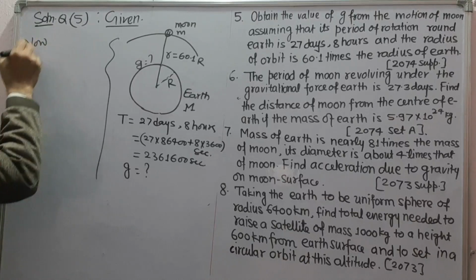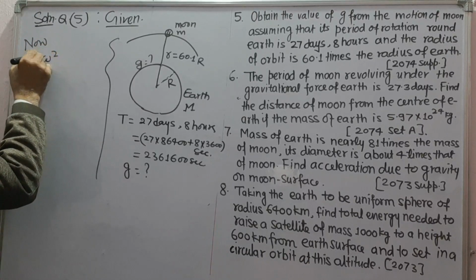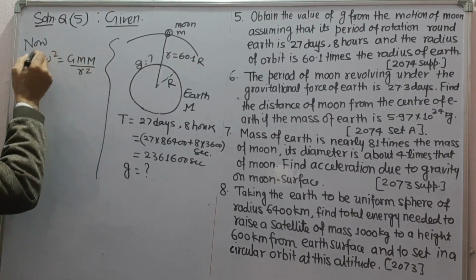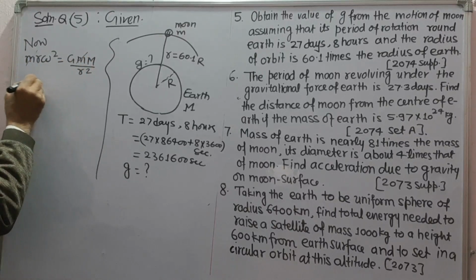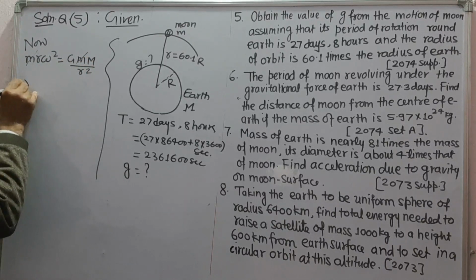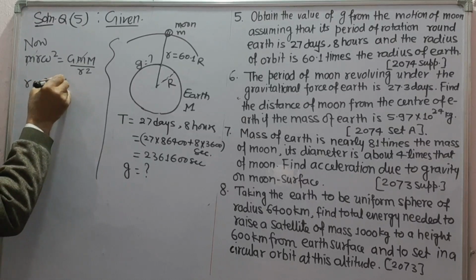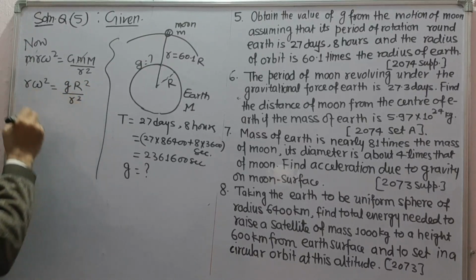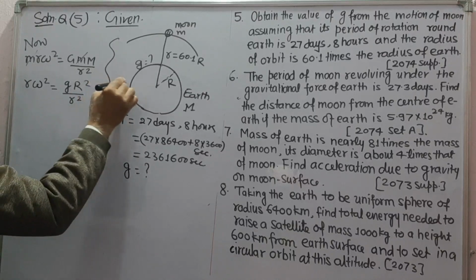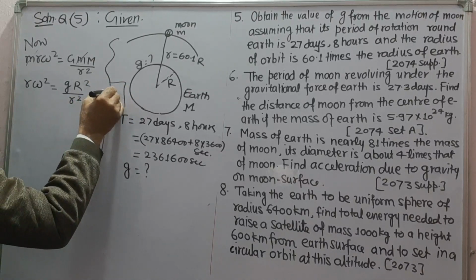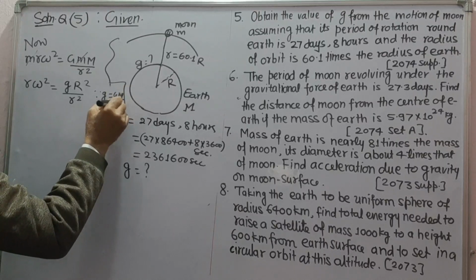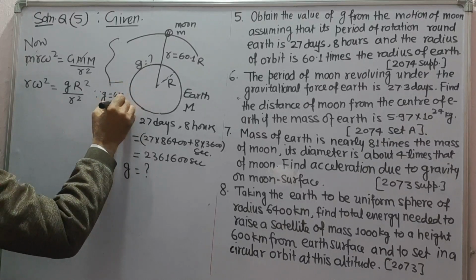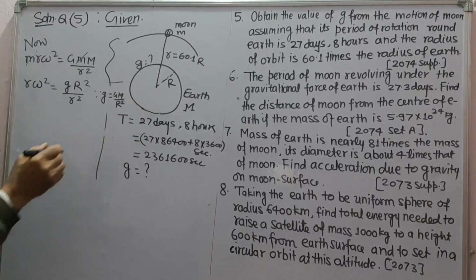Now, centripetal force will be equal to gravitational force. Mass of moon cancels out and we can write it as r omega square is equal to GM can be replaced by g R square upon r square, because small g is equal to GM upon R square.